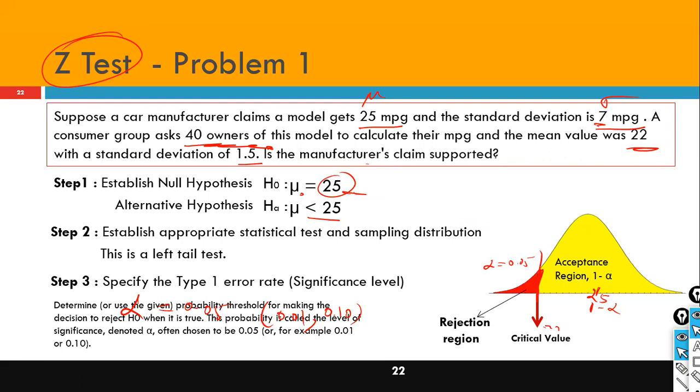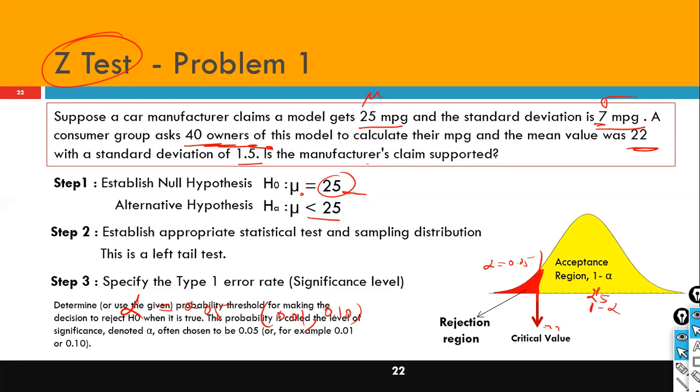So the steps are pretty simple, right? We are going to consider the significance level also. The total area under the curve is 1. So the critical value, you have to find it out. Now you understood, 1 minus alpha gives you 0.95.